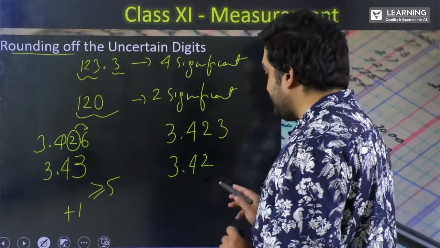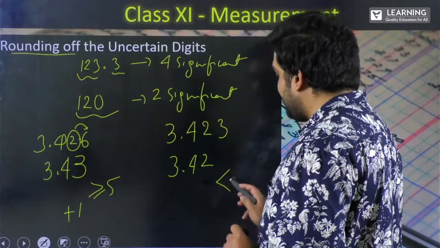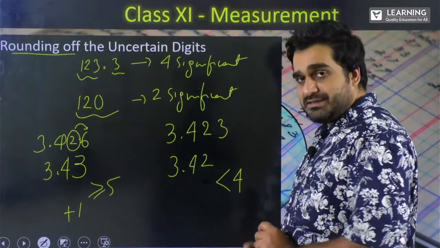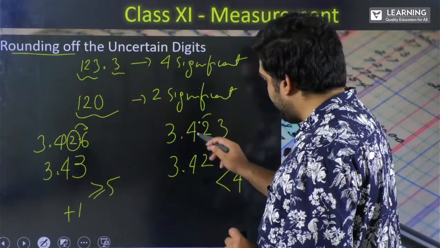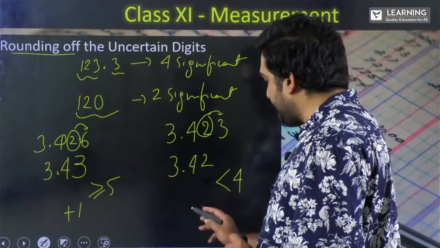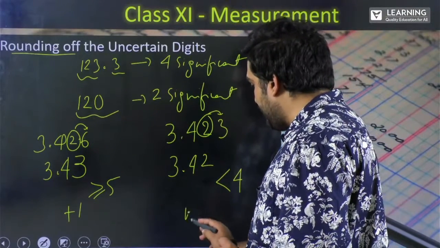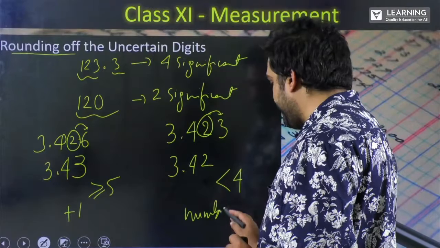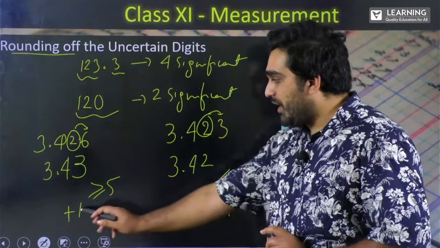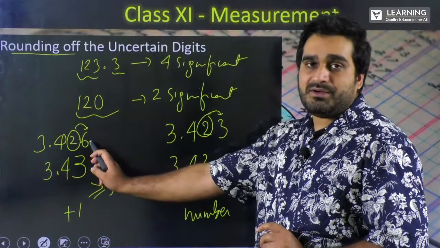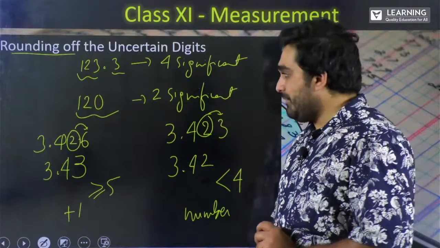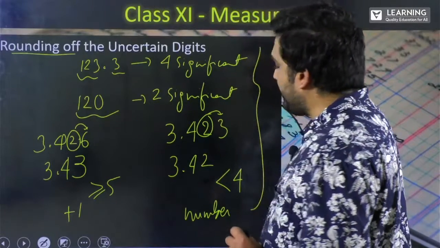The rule here is if the number is less than 4, which is 3 in this case, then the number stays itself. You do not change it. So you add +1 only when the number is greater than or equal to 5. So this rounding off, we will have a look at it later.